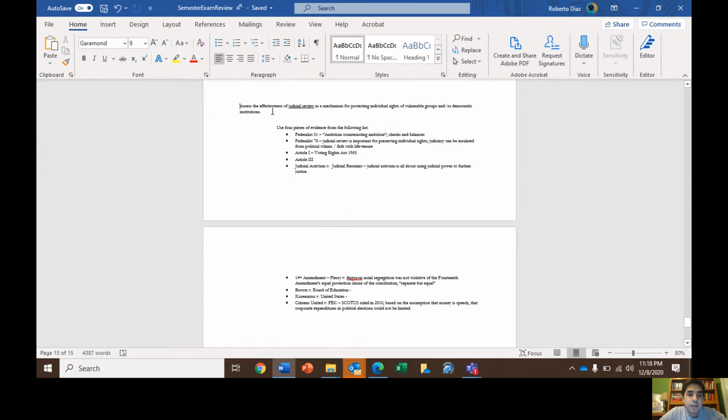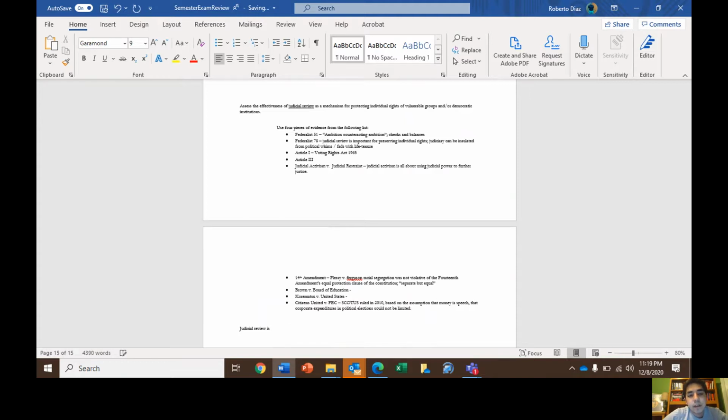And every time you have something that says assess the effectiveness, you want to give some sense of how effective you think it is. Is it significantly effective, not very effective, very effective? You can't really just say effective or not effective. You have to add a little bit of an adjective to that. So I'm going to start, just be direct.